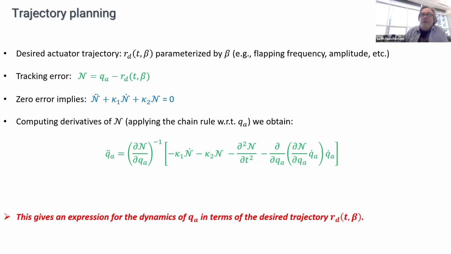And the reason I differentiate it a couple of times is to basically smooth out numerical problems in the numerical computations and optimizations. And when I do that and substitute the error equations into the dynamics, I arrive at an aerodynamics equation that you see on the bottom of this page. Right, so you tell me the desired trajectory, and here's the trajectory for the actuated joints Q sub A.